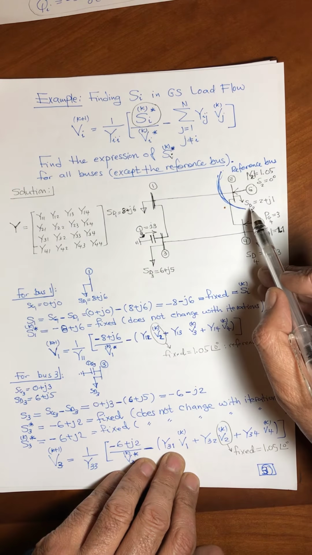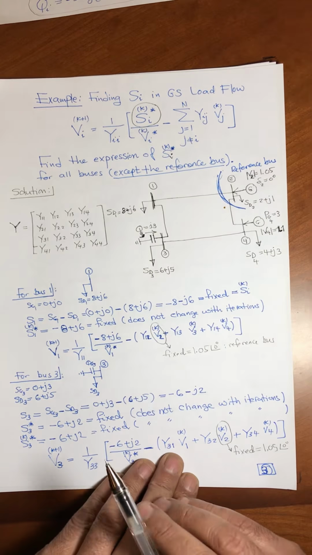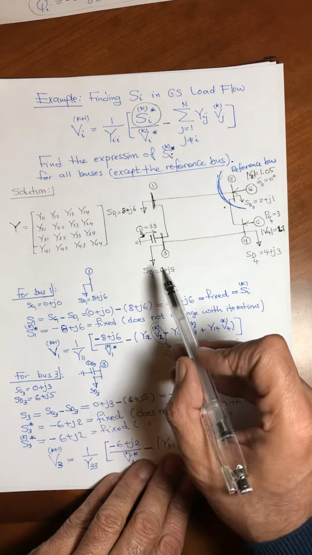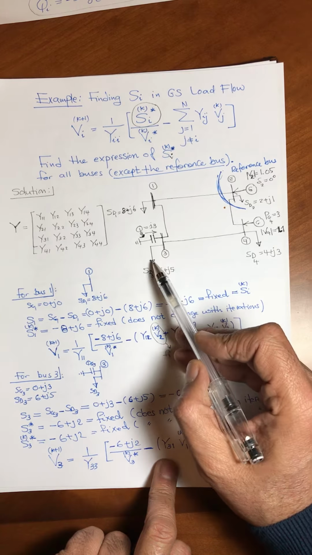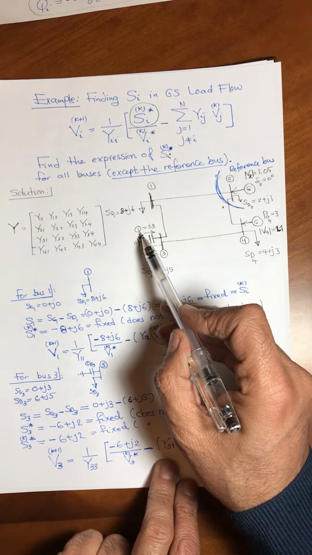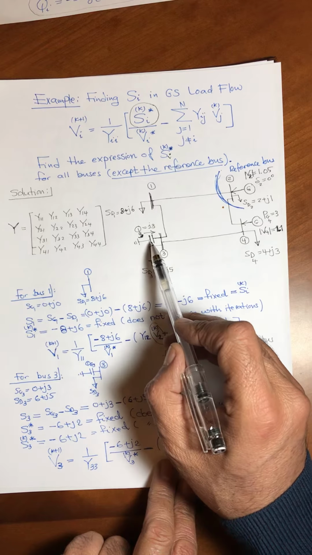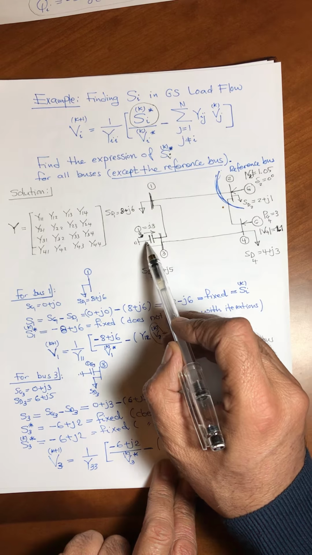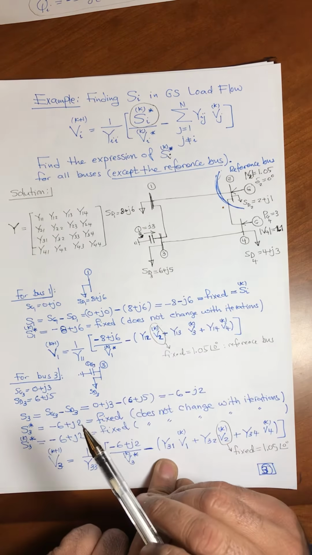And S demand at bus 2 equals to 2 plus J1. بس رقم 3, it's a load bus but has reactive power generation at bus 3 using this capacitor. So this capacitor produces reactive power.